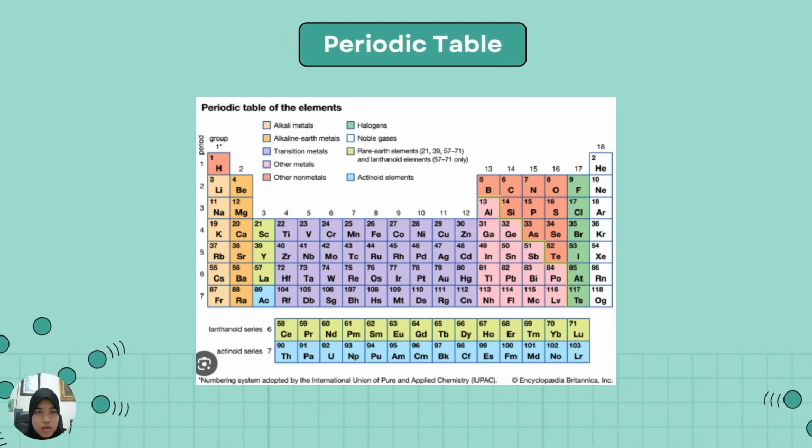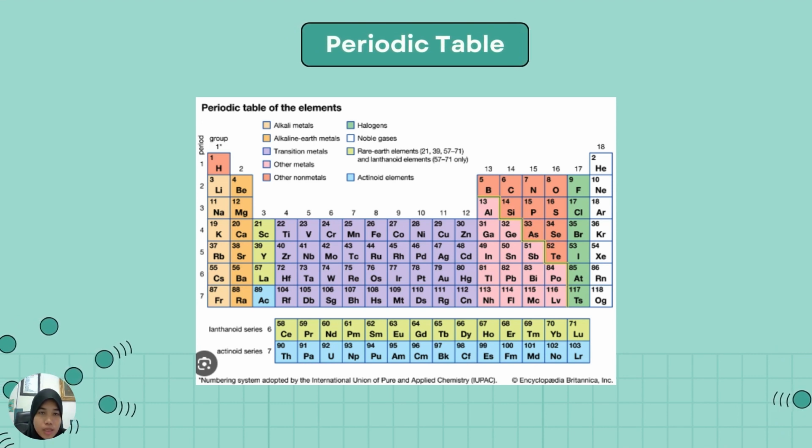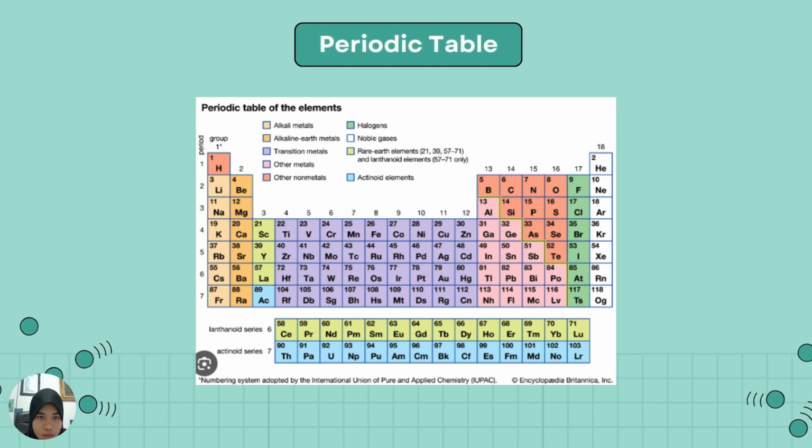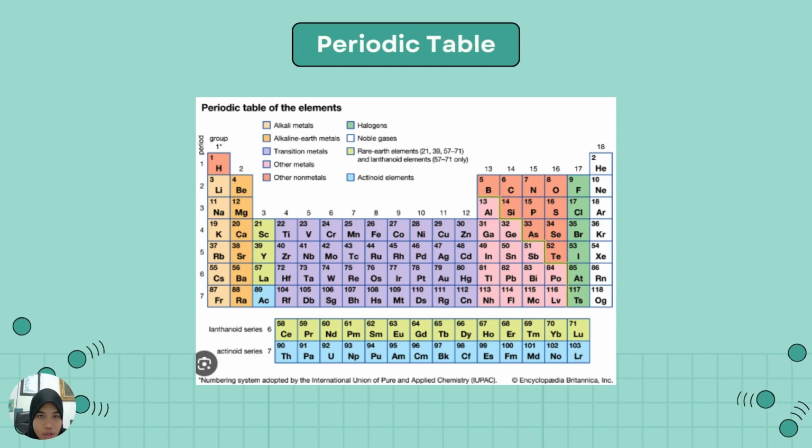It includes alkali metals, alkaline earth metals, transition metals, other non-metals, halogens, noble gases, lanthanoid elements, and actinoid elements.